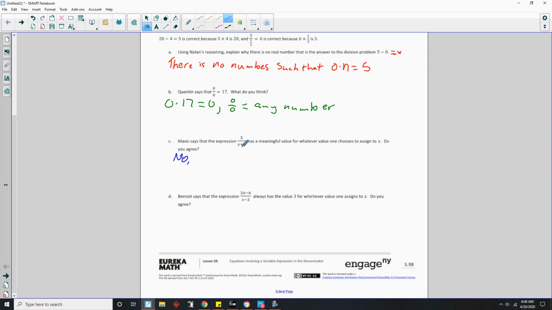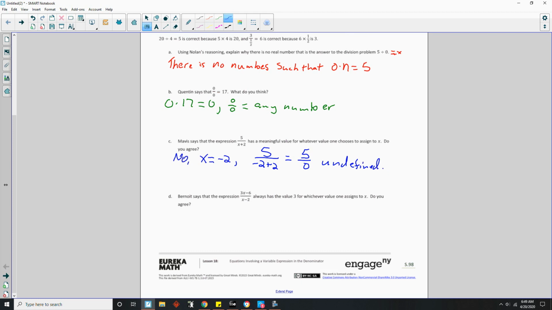Put an 8 in there. 8 plus 2 is 10. 5 over 10 is a half. That has a meaningful value. But if I said x equals -2, then there is no meaningful value. Okay, because 5 over -2 plus 2 equals 5 over 0, and that is undefined.